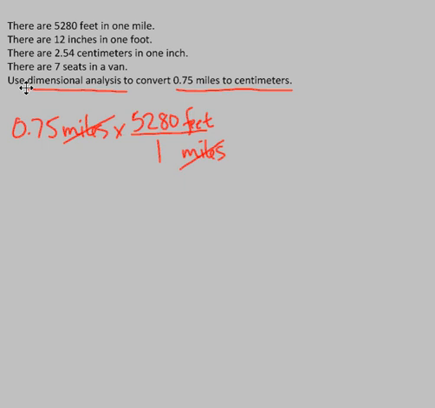Now I want to cancel out feet. So I'm going to make a new ratio, and I'm writing feet down in the bottom of this fraction because I want to cancel out those words. And the next sentence says there are 12 inches in 1 foot.